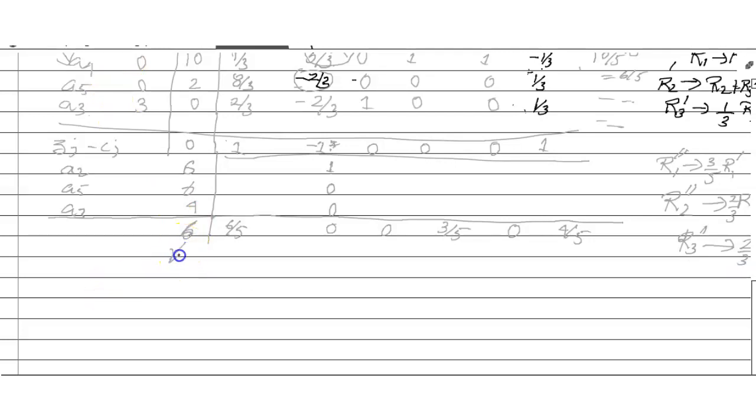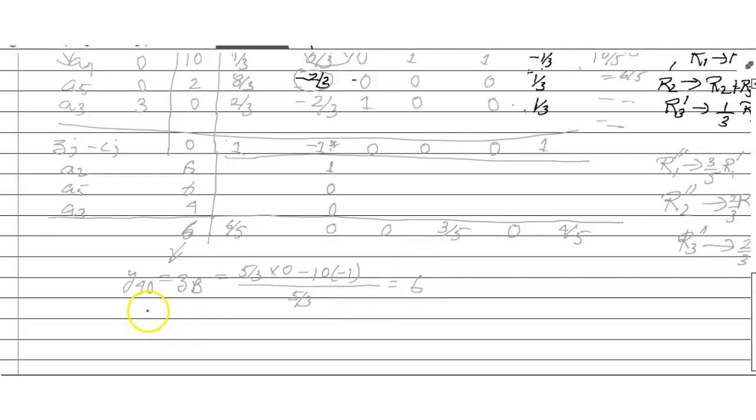This portion is y4, 0, that is ZB, and this is coming 5 by 3 into 0 minus 10 into minus 1 divided by 5 by 3. So this portion is coming 6.